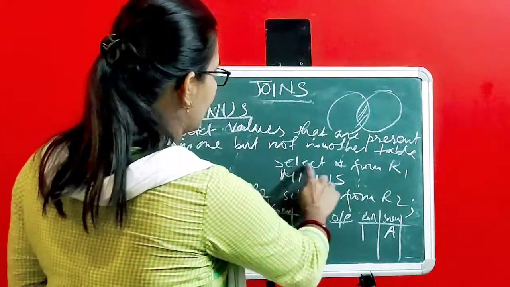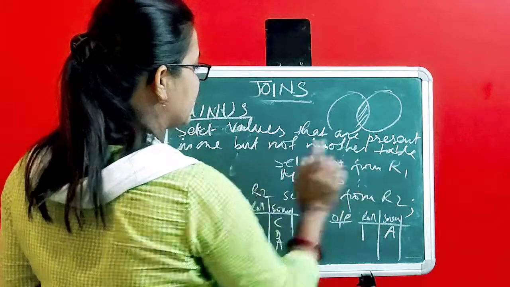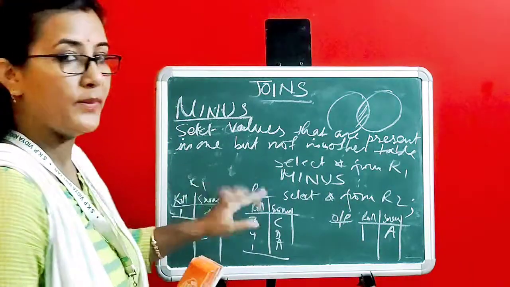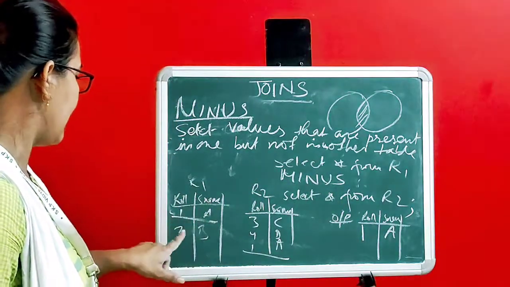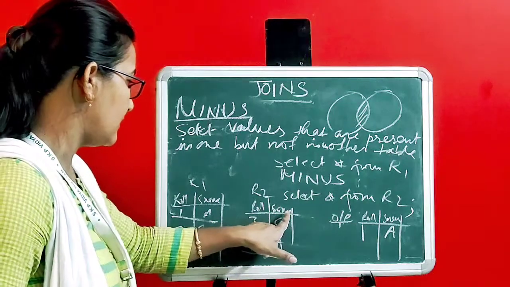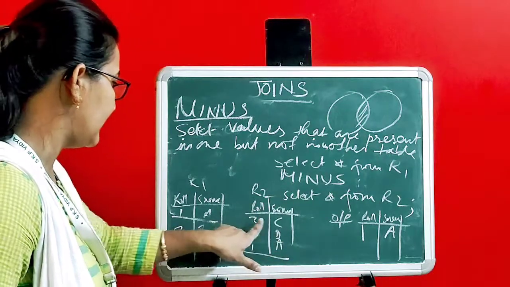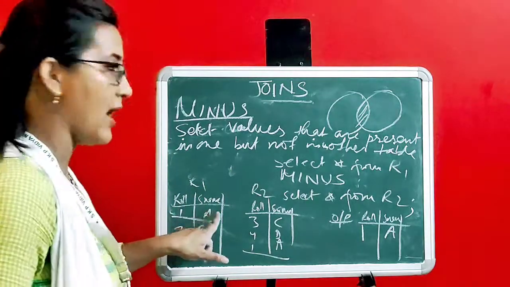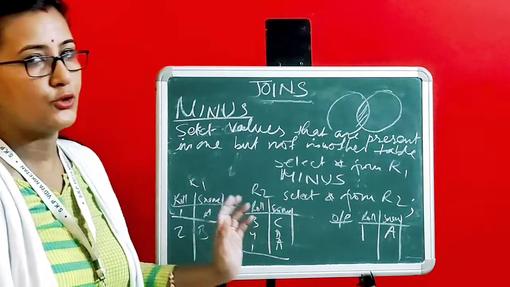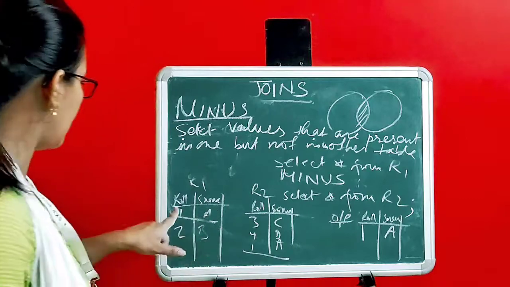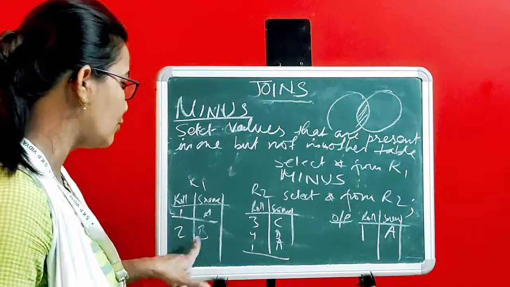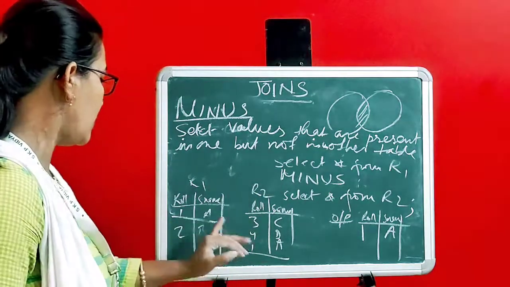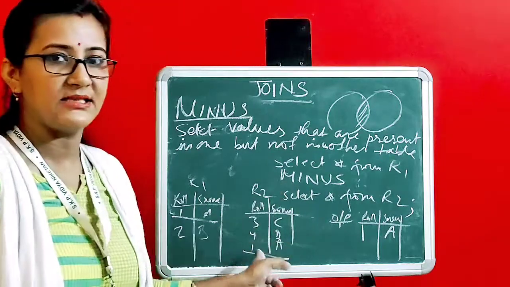Now see here, same thing: select star from R1 minus select star from R2. From here, roll, 1A, 2B, and here 3C, 4D, 1A. This 1A is present in both the tables, so it will not come as an output. Again 2B: is roll number 2 present in the other table?